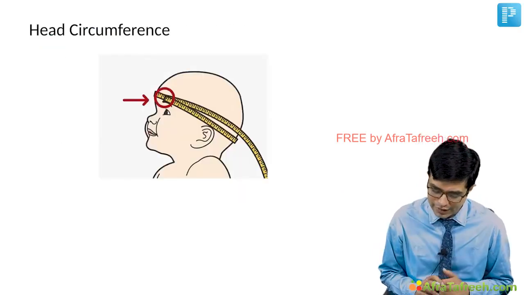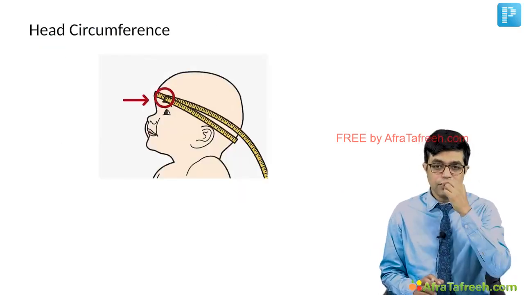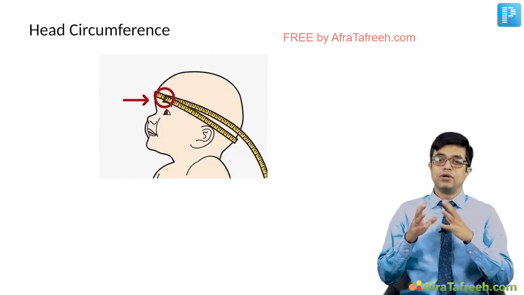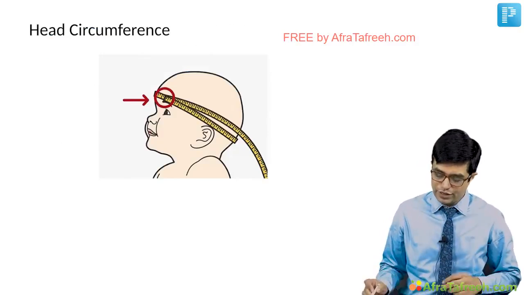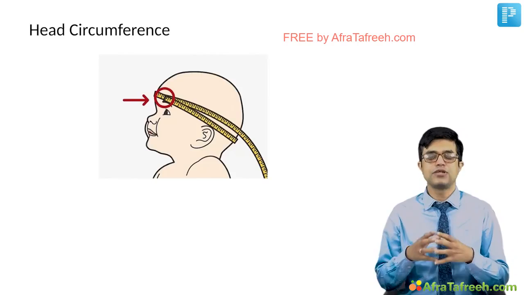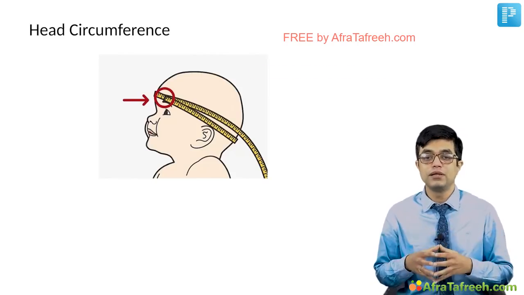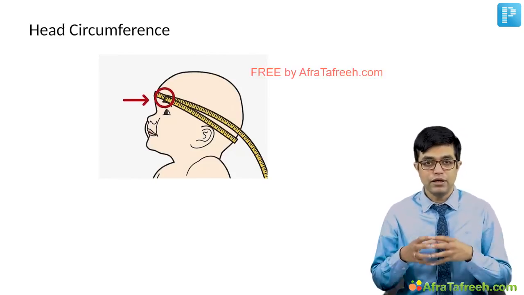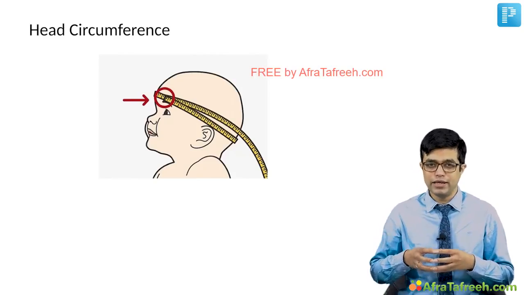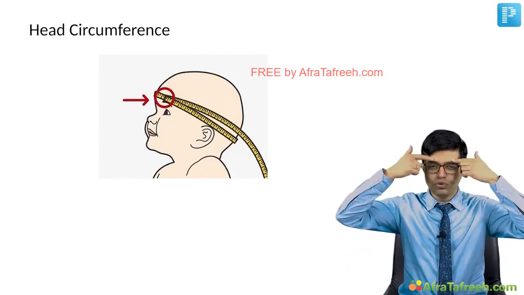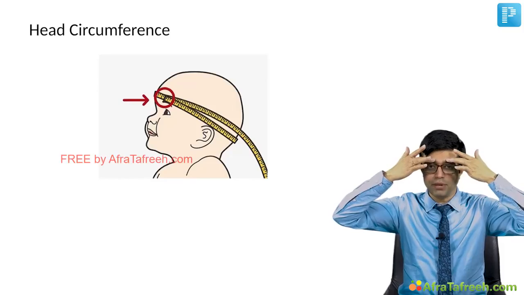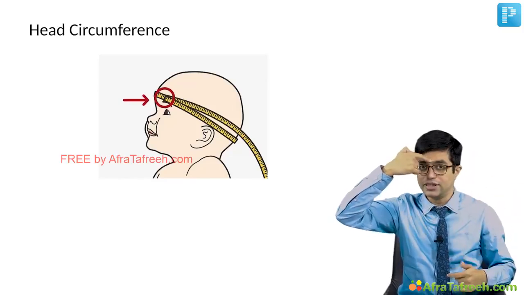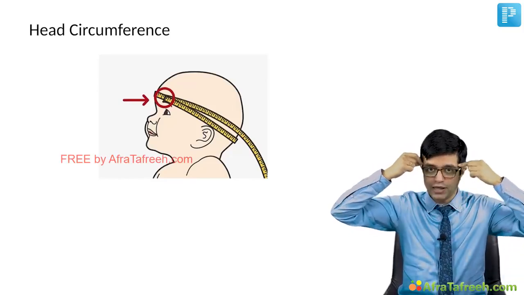Now talking about head circumference. When you take head circumference, how do you take it? First, it should be a non-stretchable measuring tape. You pass it through the upper part of the head just above the supraorbital ridges. So these are the supraorbital ridges from where it passes.